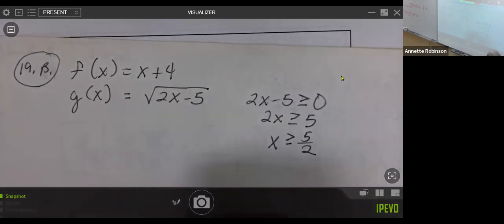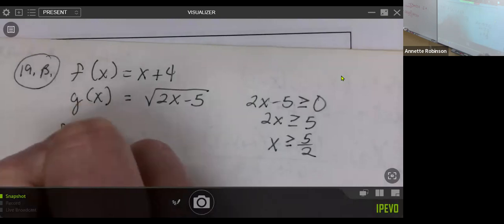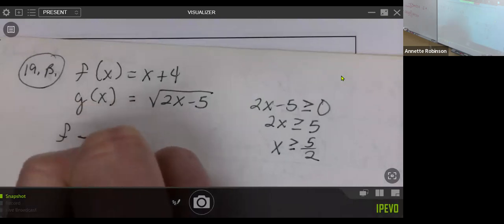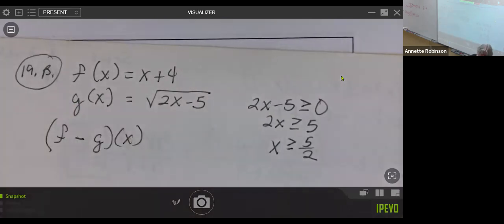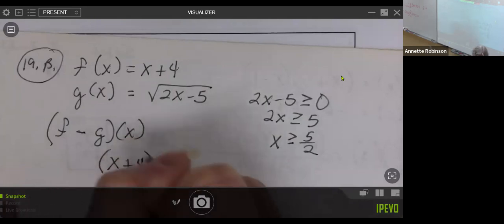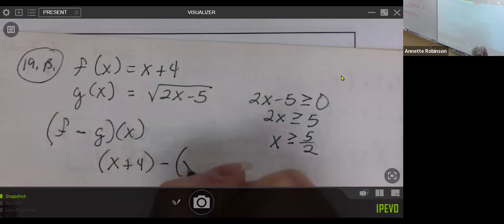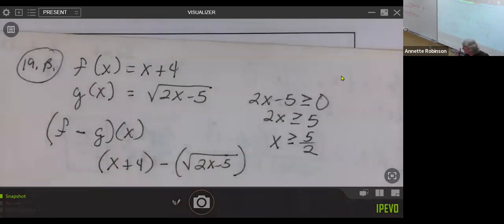All right, so the question is asking us to take f and subtract g of x. So if I take f of x, x plus 4, and I subtract the square root of 2x minus 5. Now, please note the square root symbol protects people under it.